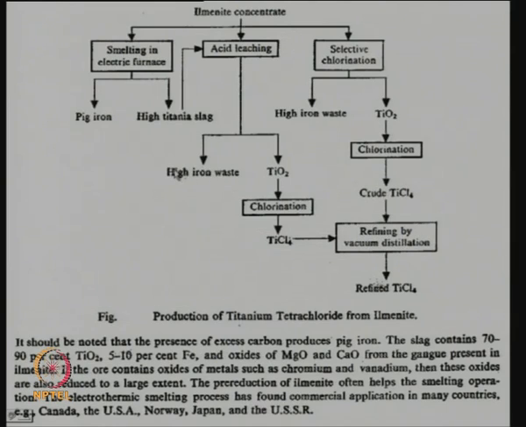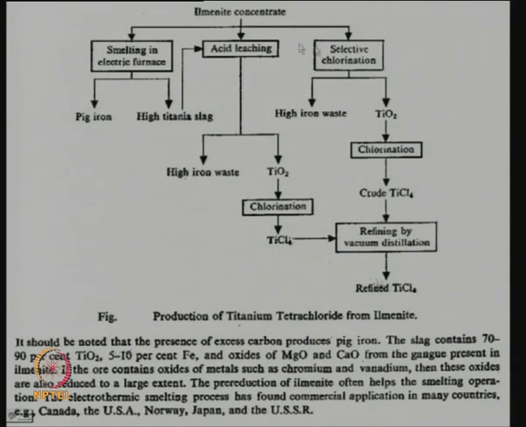Here this iron is being wasted. If we go from the slag to acid leaching, we are only wasting the iron that has entered the slag phase, but we have taken out most of the iron here as pig iron. But if you go for direct acid leaching, we will produce a high iron waste, and then we will have TiO2, which will go for chlorination to produce TiCl4.